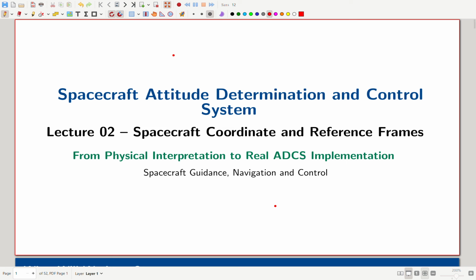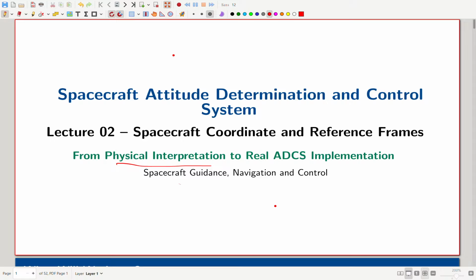From today, before understanding attitude determination and control, we first need to understand frames. There is a set of coordinates and reference frames to be understood for better understanding of the attitude determination and control system. Here we want a physical interpretation for our real ADCS implementation.